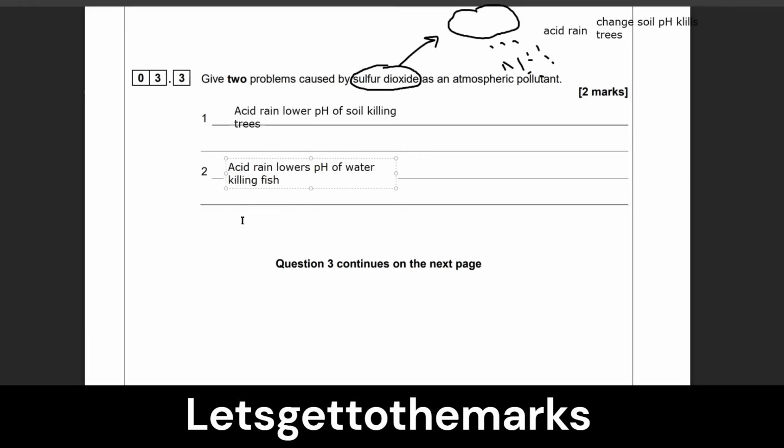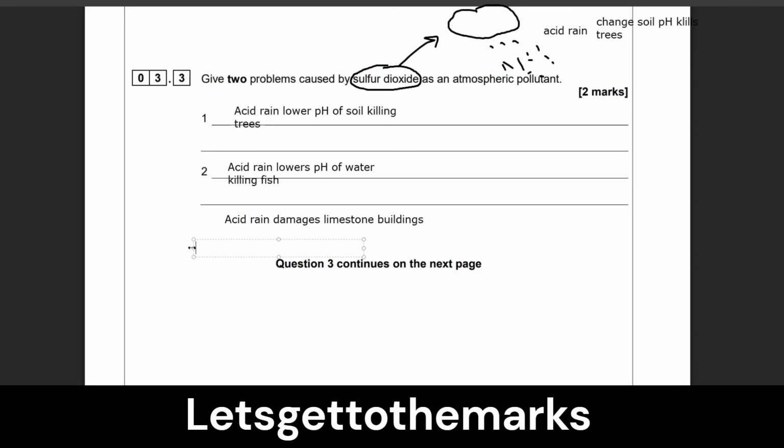They might say, you're just talking about killing organisms. That's the same thing. So I could also say acid rain damages limestone buildings. Well, really, buildings, gravestones, anything made of limestone, statues. So it damages those as well. But these are all problems with acid rain.